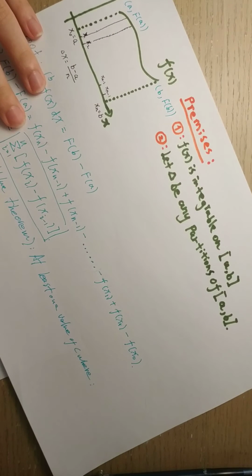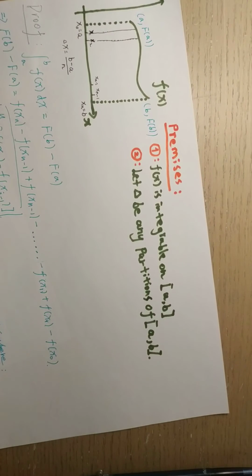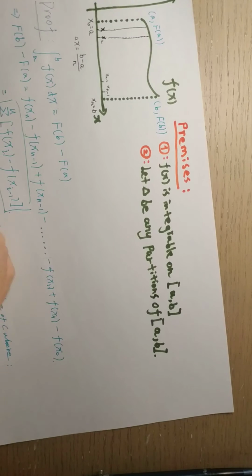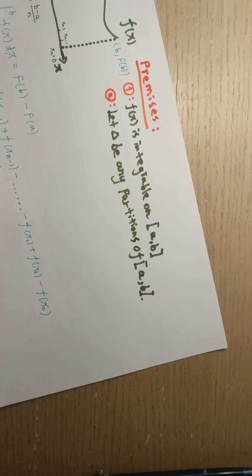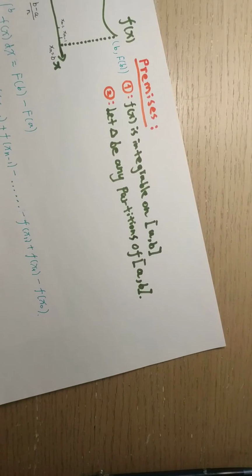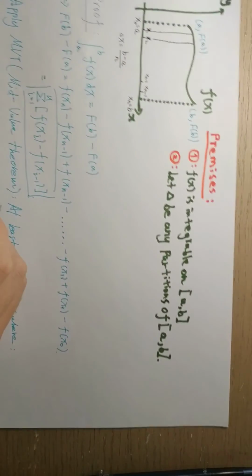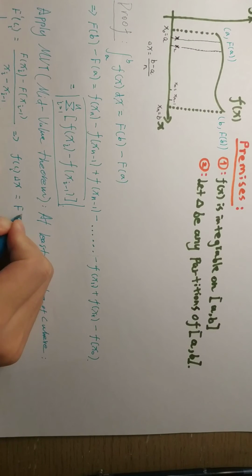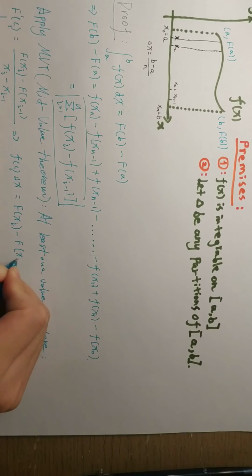This is c. If we multiply both sides by delta x, we have f prime of c delta x is equal to f of x i minus f of x i minus 1.